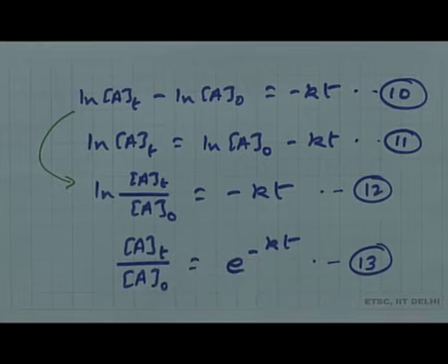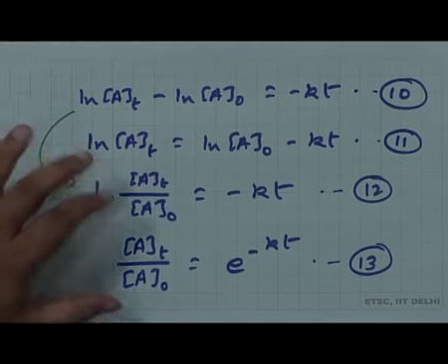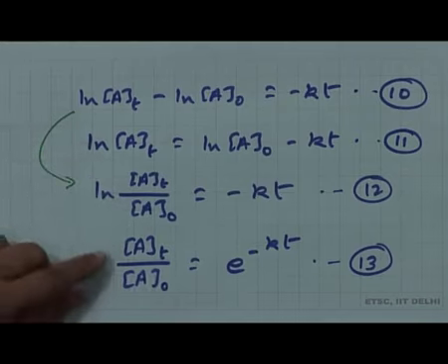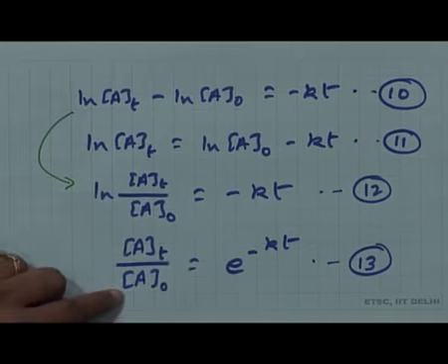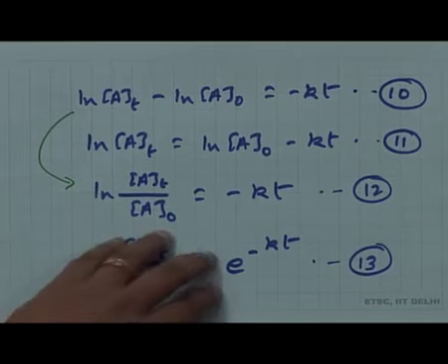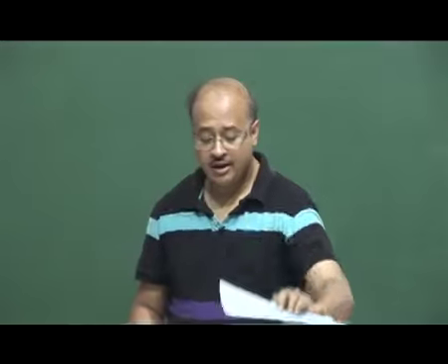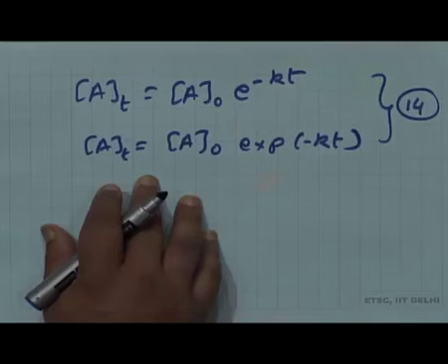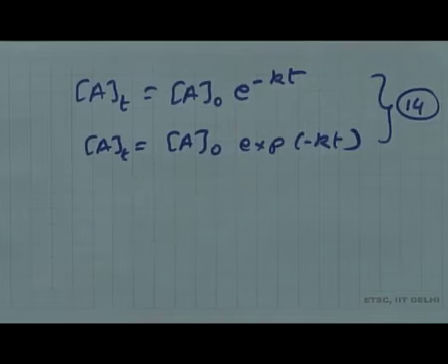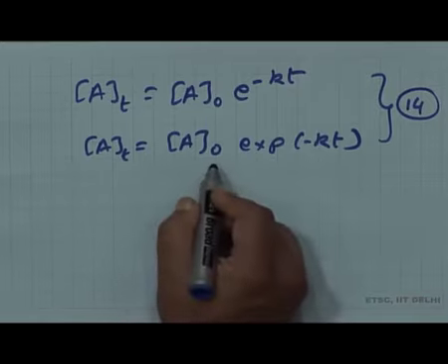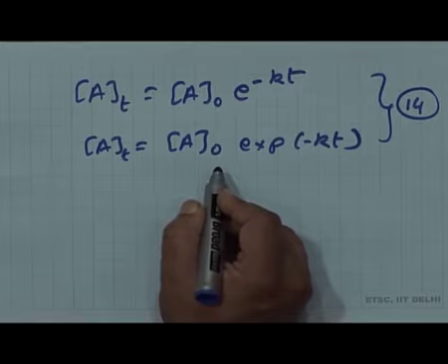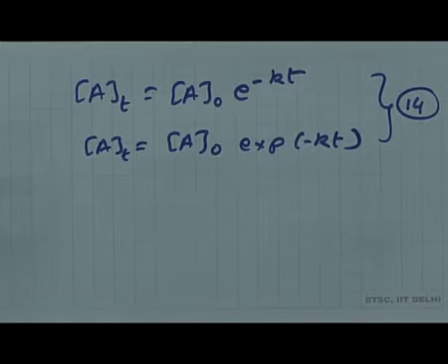What this tells us is that the expression can now be rewritten as concentration of A of t over concentration of A naught is equal to e to the power minus k t, from where I get this expression, where A of t is equal to A naught e to the power minus k t, or A of t is equal to A naught exponential minus k t. What does this mean?